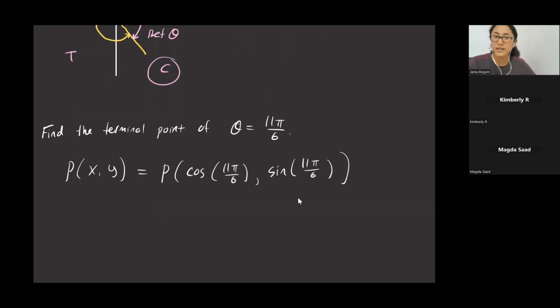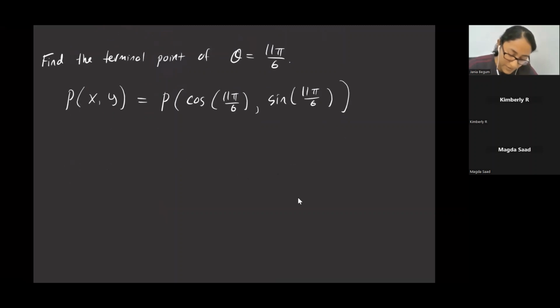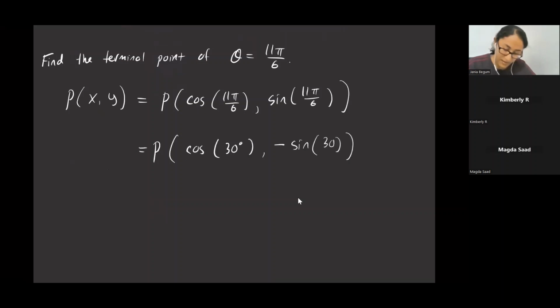And we already know sine of 11 pi over 6, right? But cosine, we have to figure out. We know 11 pi over 6 has a 30-degree reference angle. So this would be equal to cosine of 30 degrees, comma, negative sine of 30 degrees.